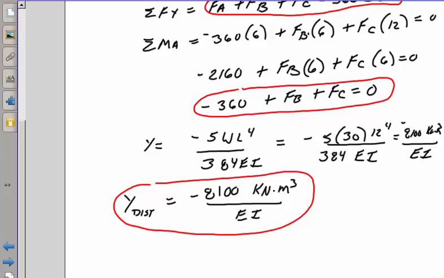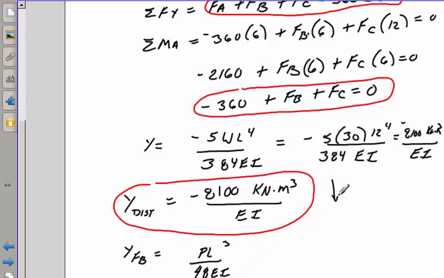So the Y as a result of F of B is going to be positive. We go back to our tables, and we look at number 4. We have a load right in the middle, and it is going to be PL cubed over 48 EI.